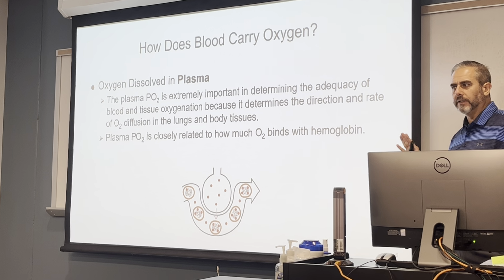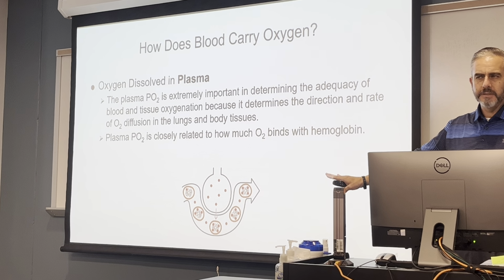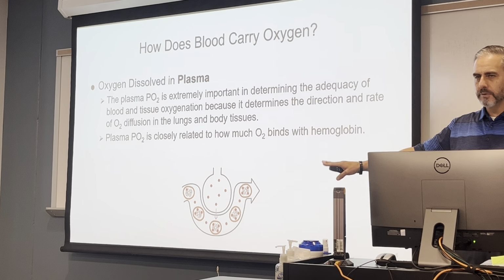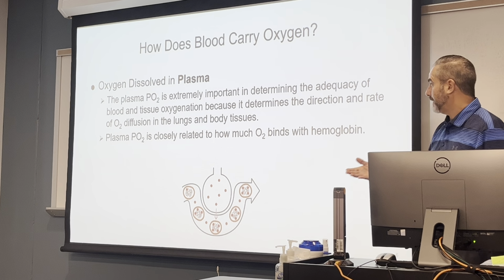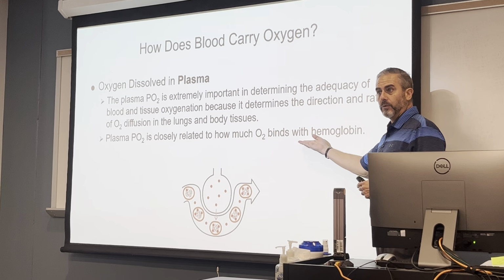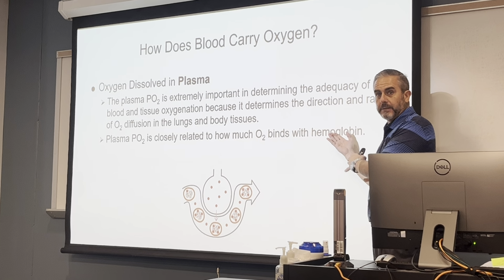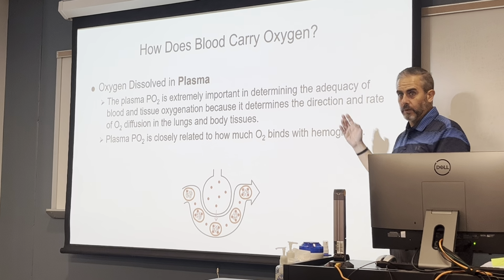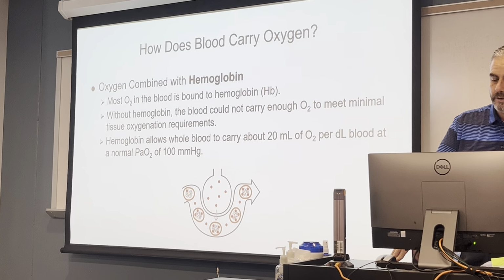So don't discount the oxygen that's dissolved in the blood plasma. It is still extremely important, and it does directly relate to how much of that oxygen will ultimately be bound to hemoglobin, which again is where most of the oxygen in our bodies is currently being carried.